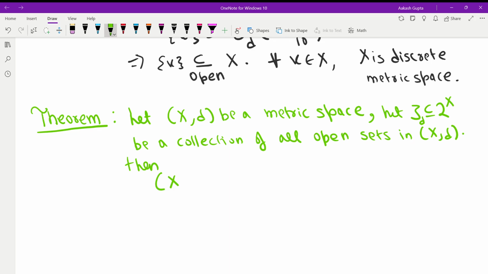If you have a metric space, you have a particular metric, and with that particular metric you have different kinds of open sets. So that is why tau d. Then what is my claim? Tau d is a topological space.